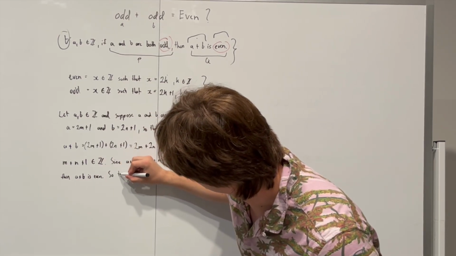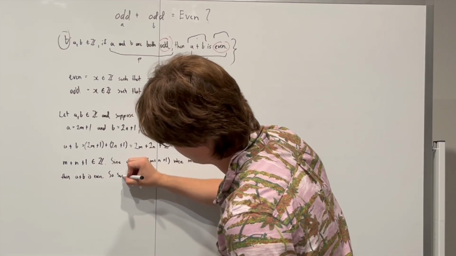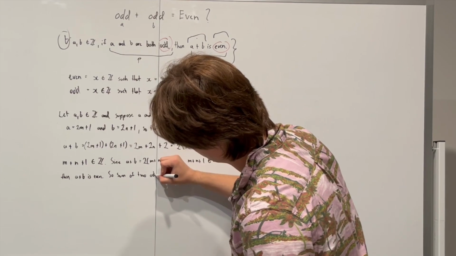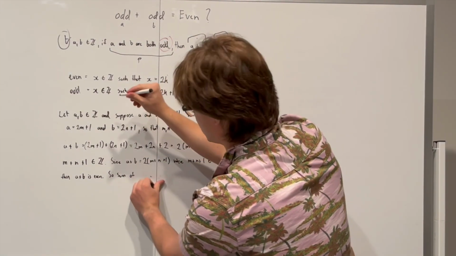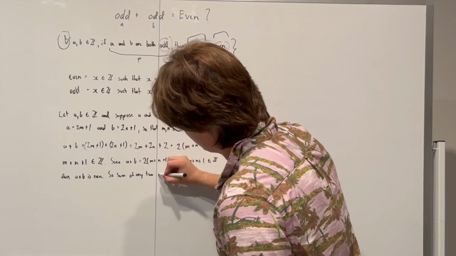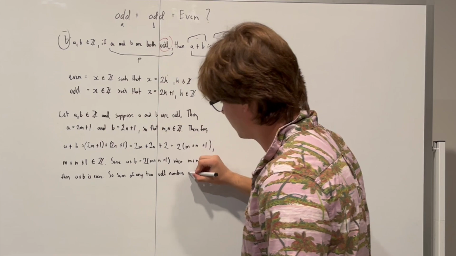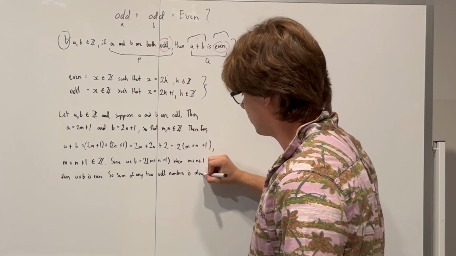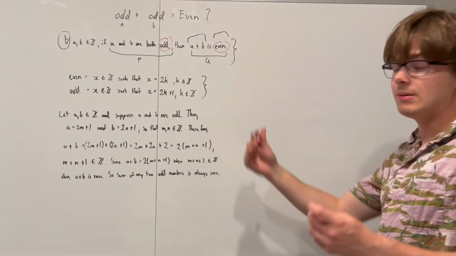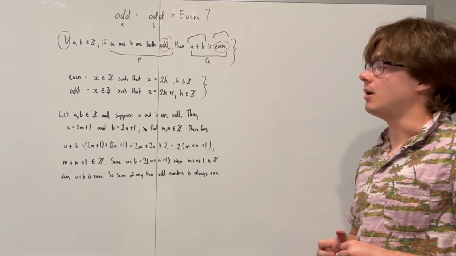So the sum of actually any, since that's what we're proving, sum of any 2 odd numbers is always even. Great. We've just proven that adding any 2 odd numbers is going to make an even number or integer.